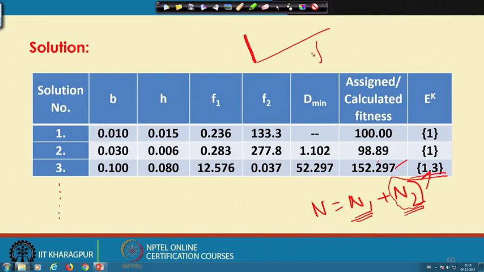If we follow this principle, there is a possibility that this DPGA can ultimately find the non-dominated set of solution, and if I plot f 1 versus f 2, this is f 1, this is f 2, and our aim is to minimize both f 1 and f 2.